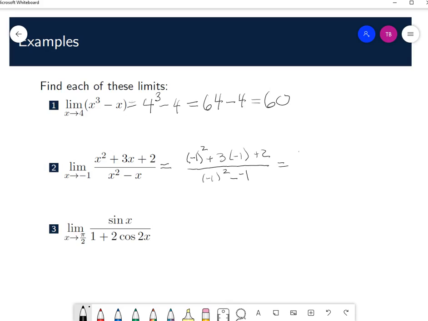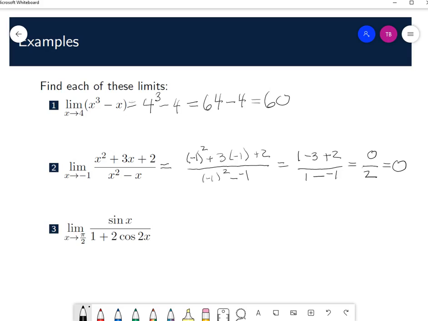That's 1 minus 3 plus 2 over 1 minus -1. 1 minus 3 plus 2 is 0. 1 minus -1 is 2. That's 0. That limit must be 0. If you can plug in the number, plug it in and see what you get.